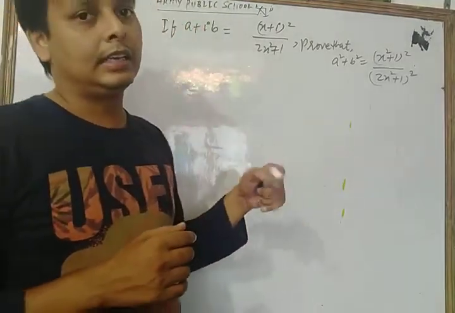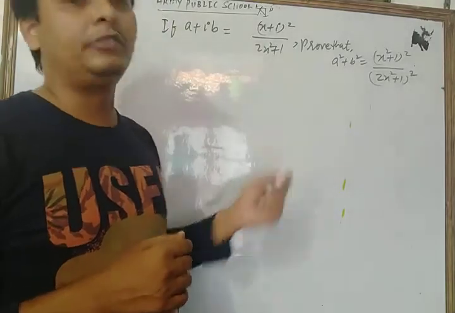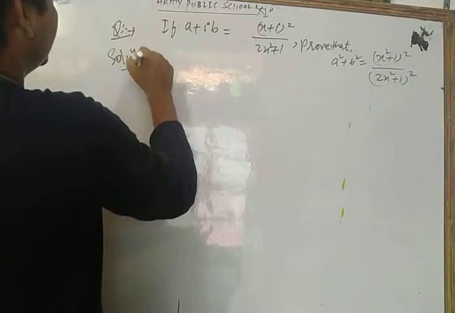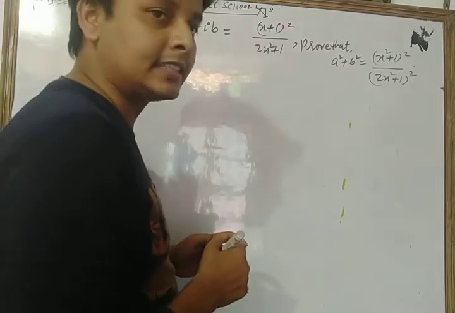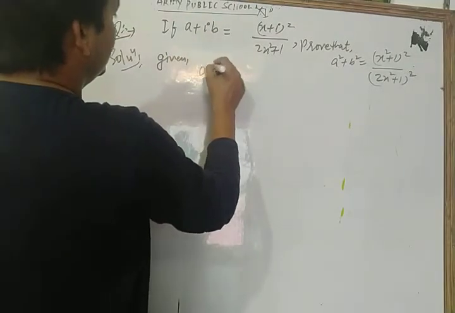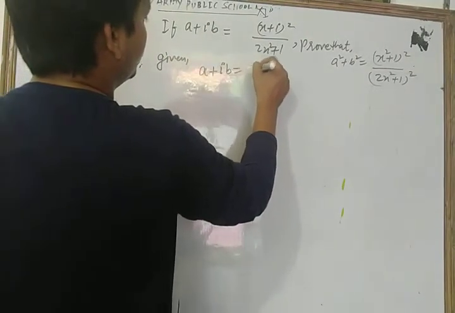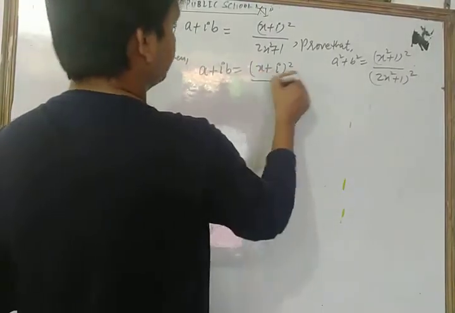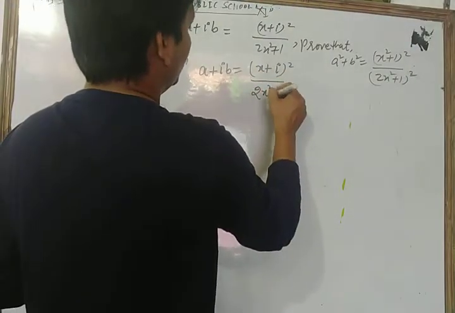We solve that question the same as the previous question. Let's see its solution. First of all, we write the given question as it is. So here given is a + ib is equal to (x + i)² upon 2x² + 1.